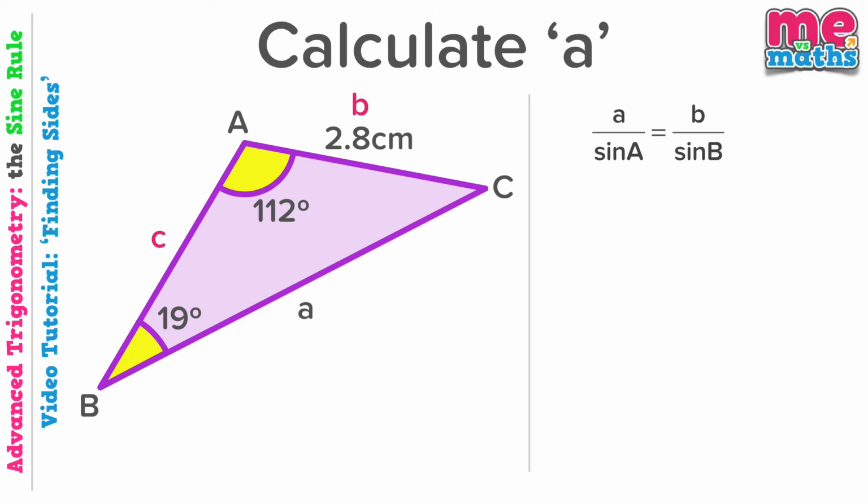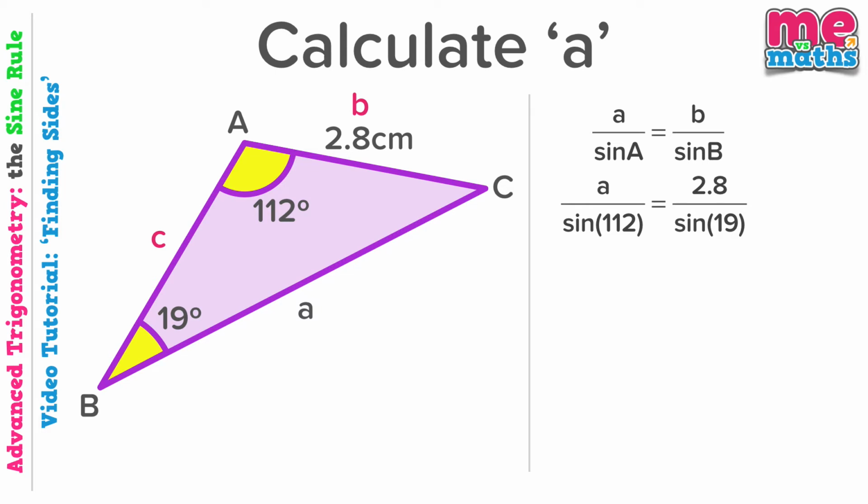A over sine A, it's side A on top, which we don't know, so we'll just leave as a lowercase a. And on the bottom we have sine of angle A, so sine 112. On the other side of our equation, side B is 2.8 centimetres over sine of angle B, so sine 19 on the bottom there.